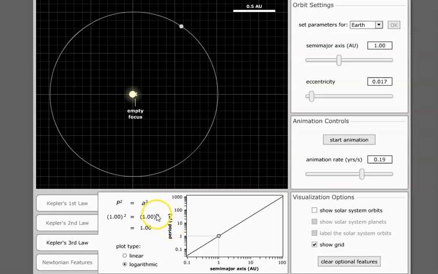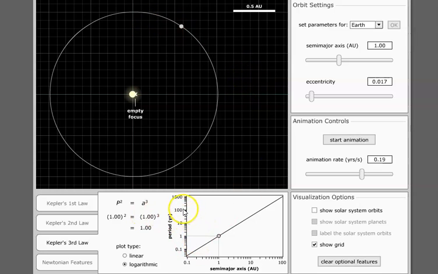The average Sun to Earth distance is what we call 1 astronomical unit. So going forward, we'll compare all the other planets, their Sun to that planet distance, what we call the semi-major axis, to Earth, so we'll do it in terms of astronomical units. And then the period for one revolution for Earth, we'll just call 1 year.